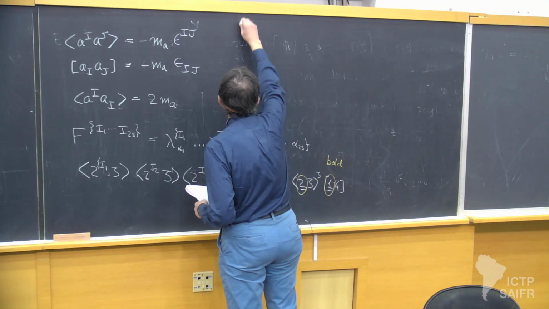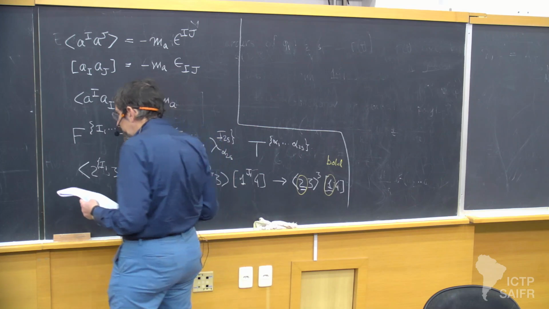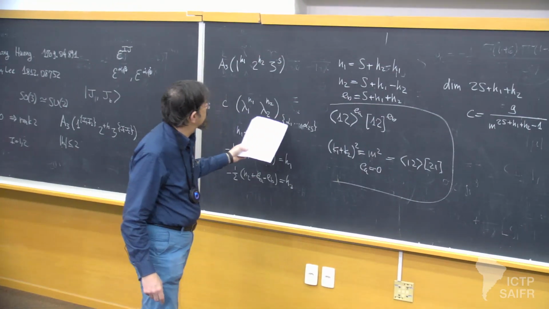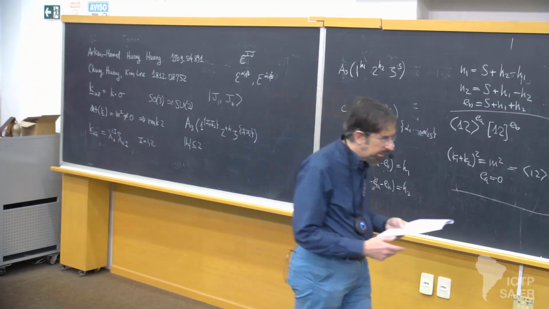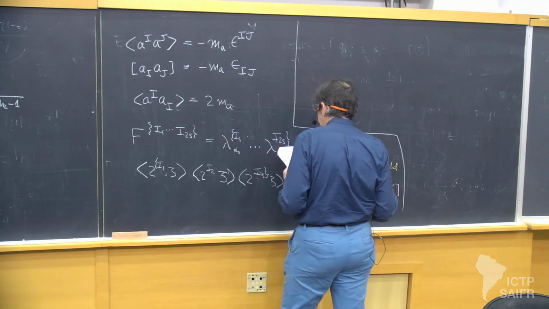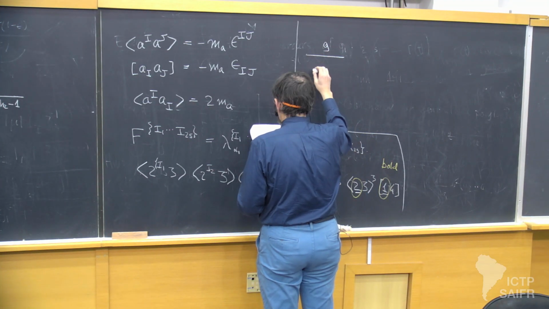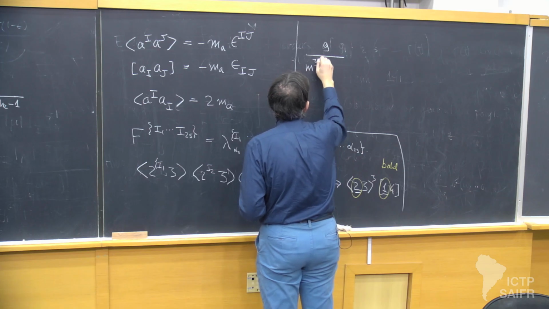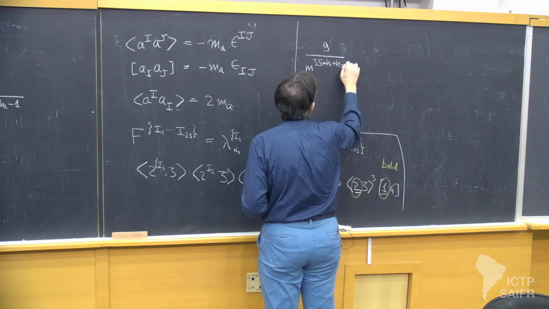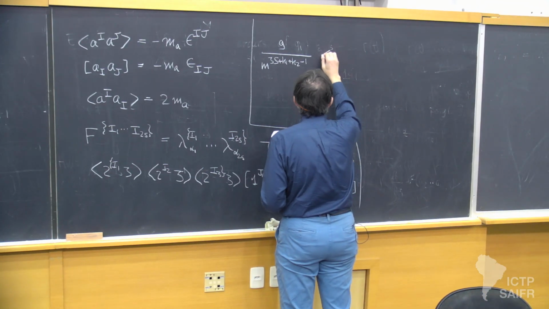And when we do that, we just contract this tensor with an appropriate symmetrized tensor of lambda 3s carrying the same indices. And then we're also, of course, multiplying by something dimensionful, so we're going to have to adjust the dimension, and we're going to find an amplitude that now has m to the 3s plus h1 plus h2 minus 1 in the denominator.